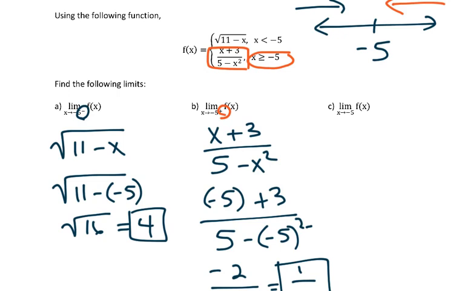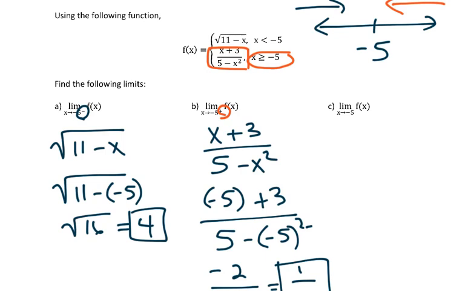And lastly, we have part C, which says we're looking for the limit as x approaches -5. Now notice there is no positive or negative exponent here by that -5, and so what that means is we have to check and see, is it approaching the same y value from the left and from the right. Luckily, in parts A and B, we did that.